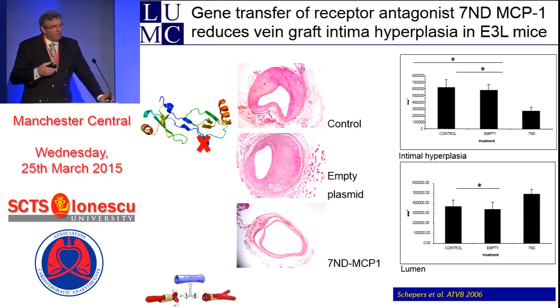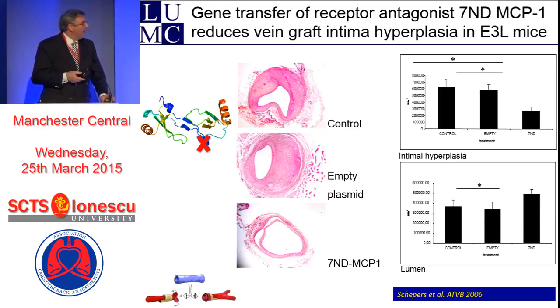If we overexpress in the mouse, by plasmid injection into the calf muscle, a form of MCP1 lacking the N-terminal domain, we can see that lesion development is strongly reduced in this mutant MCP1 infected graft. Infection with a control virus is similar to the non-treated control groups.